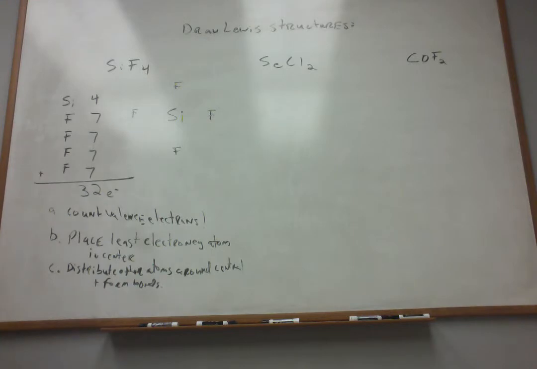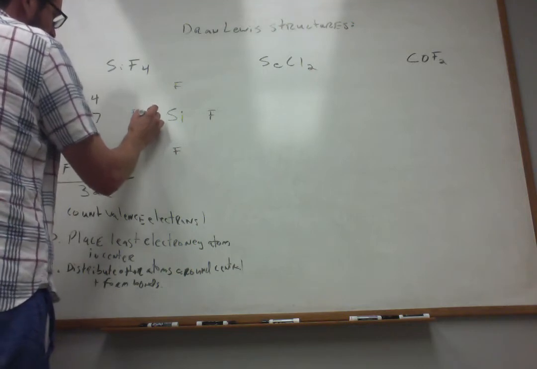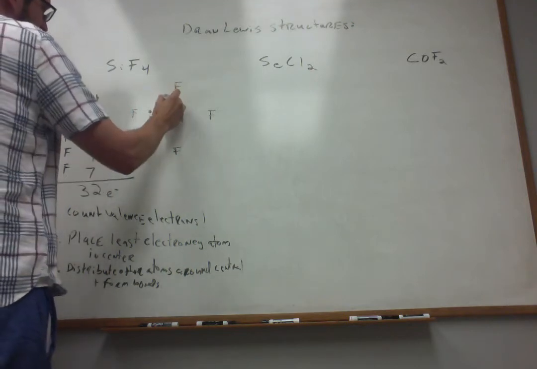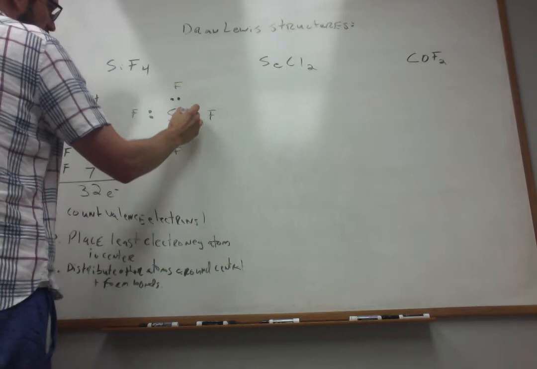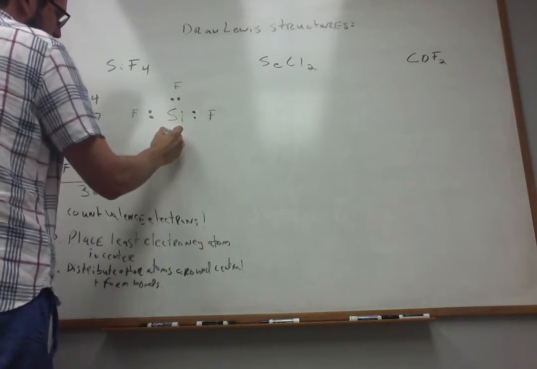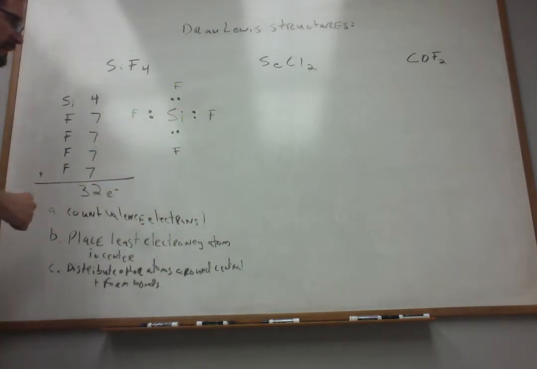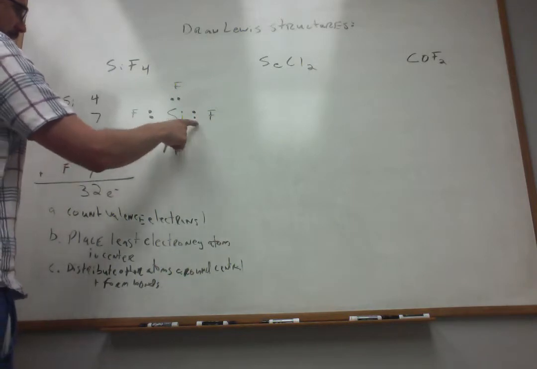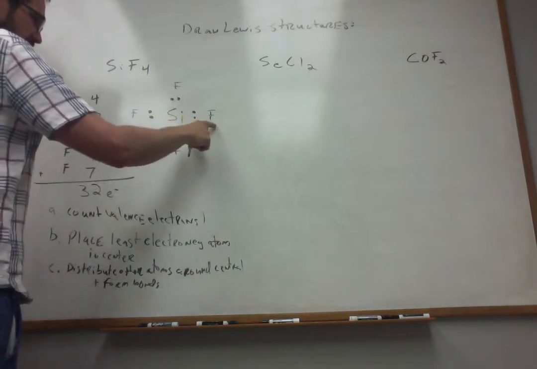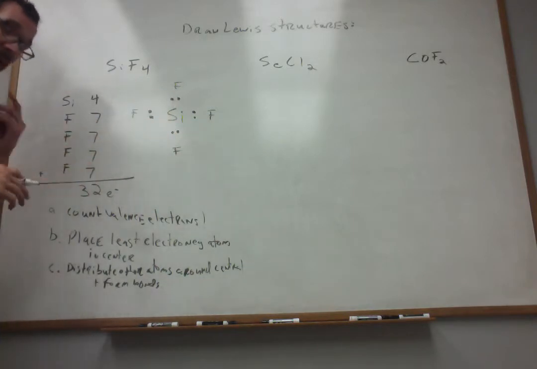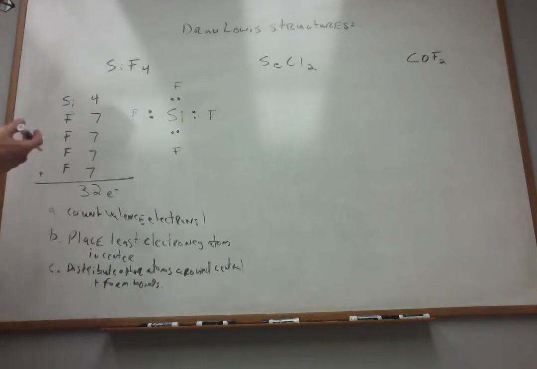And you establish single bonds. Now, remember, a single bond involves the sharing of 2 electrons. So these electrons are shared between the silicon and the fluorine in each case. Now, they don't have to be shared equally, but they're just shared.